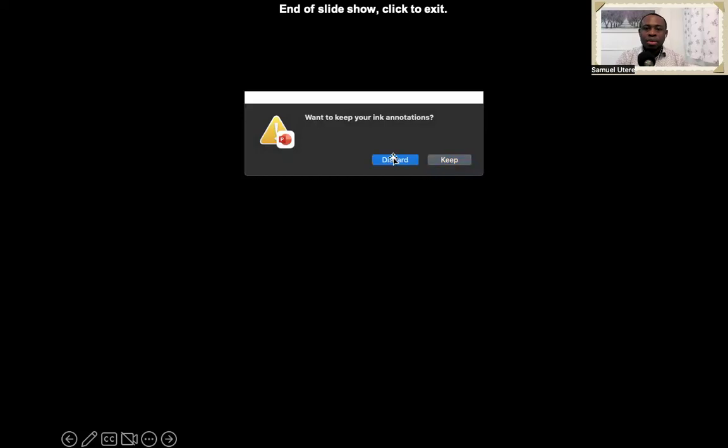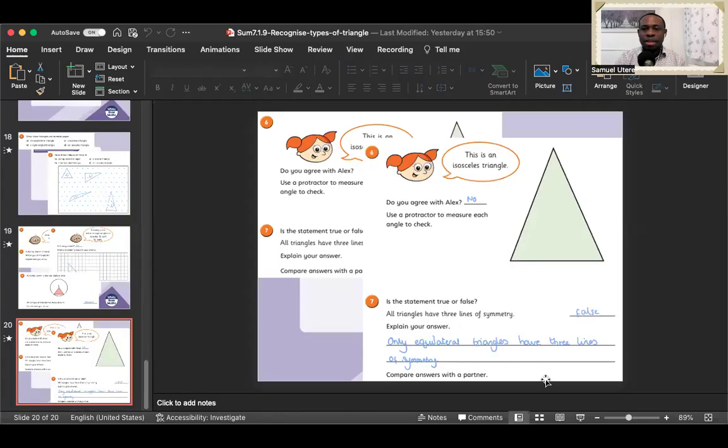So far, you have learned about the types of triangles and their properties. You have learned that an equilateral triangle has all sides equal, and each of the angles is 60 degrees. You've also learned that we have the isosceles triangle, which has two sides equal and the base angles equal.